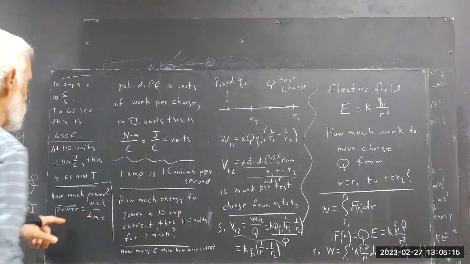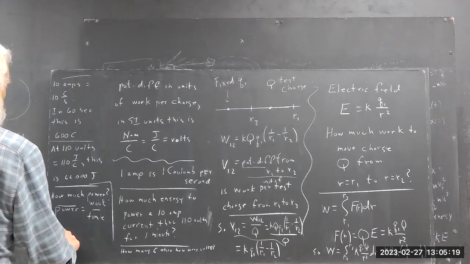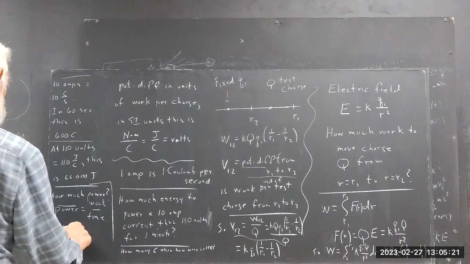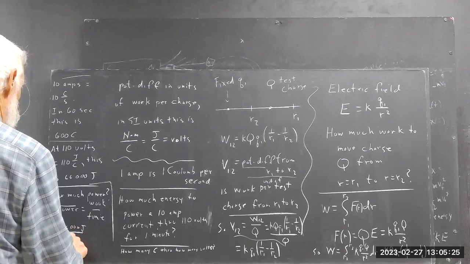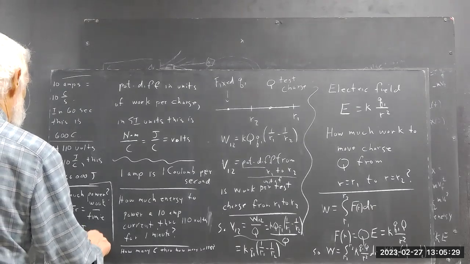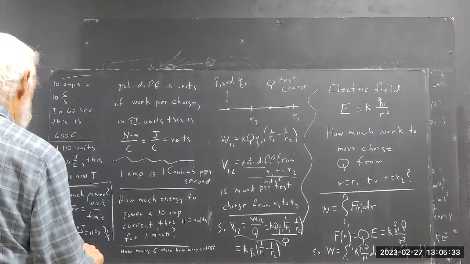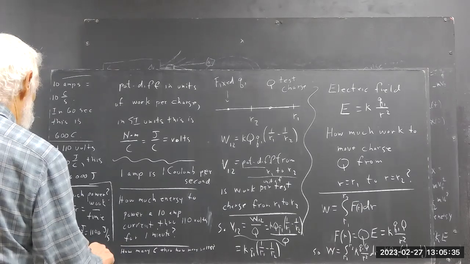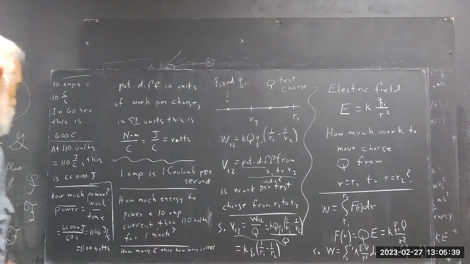Put it all over the average power. This is 66,000 joules over 60 seconds, which is 1,100 joules per second, that's 1,100 watts.